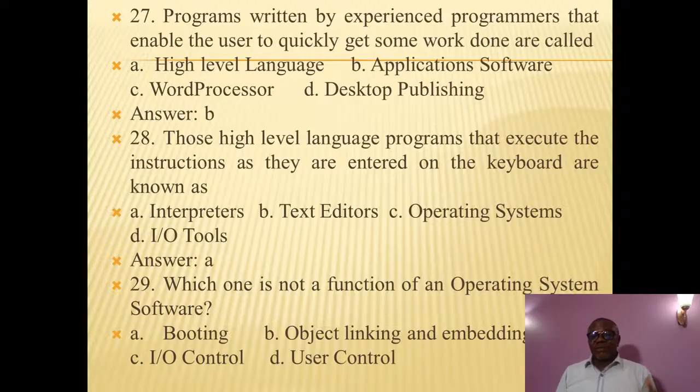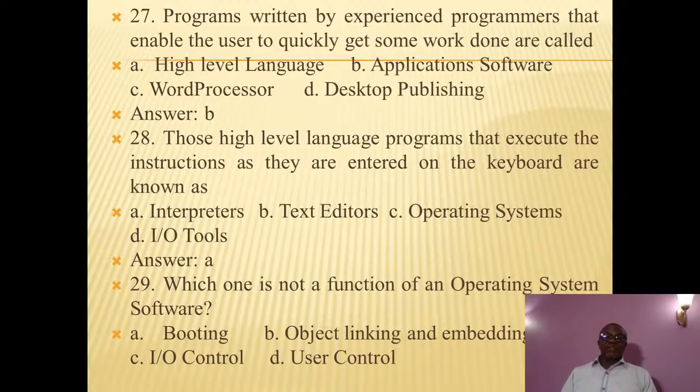It is that ability of some programs like Visual Basic to help you design a user interface. Of course, your operating system controls your input-output devices or peripheral devices like your keyboard, like setting your output to go to the monitor or to the printer.